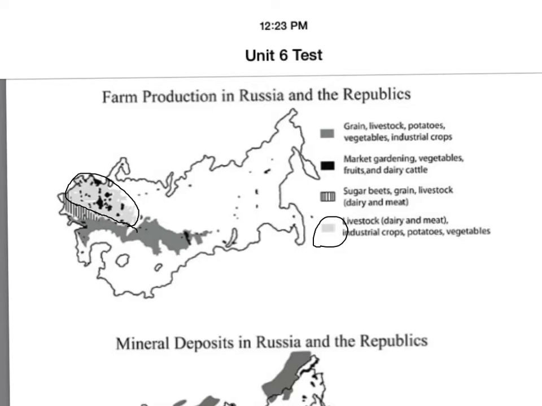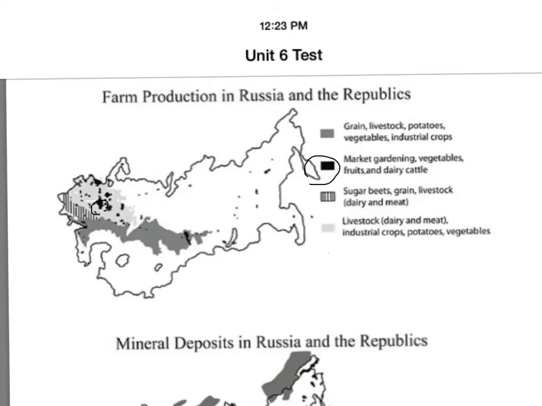Then we have this area right here, the sugar beets. And we have an area that has the sugar beets, grain, livestock, including dairy and meat, which would be this area right in here, which would include the Ukraine, among some of the republics. And then we have market gardening, vegetables, fruits, dairy cattle, and those are kind of scattered.